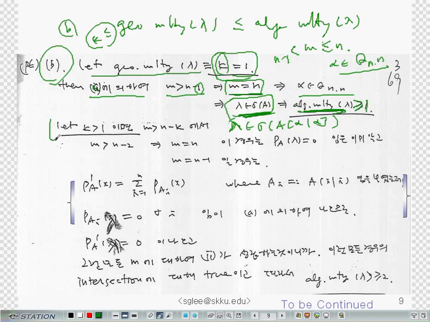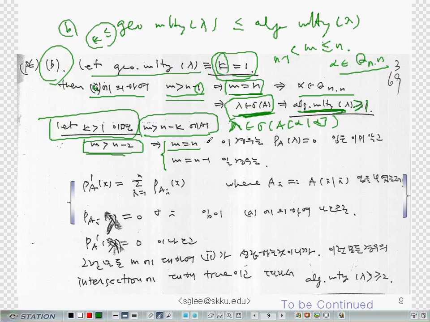Okay. Next case. Suppose k is greater than 1. Then, yeah, we know from this condition we can think first m is greater than or equal to n minus 2. We know it from there. In this case, there are two cases. Sub case 1: m can be n, or sub case 2: m can be n minus 1.